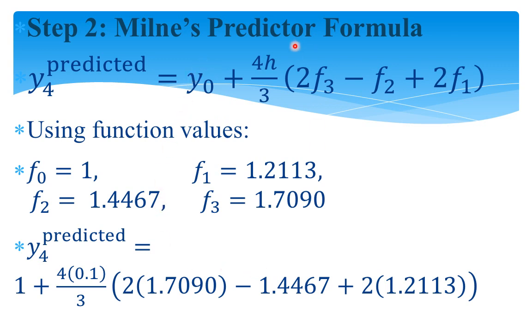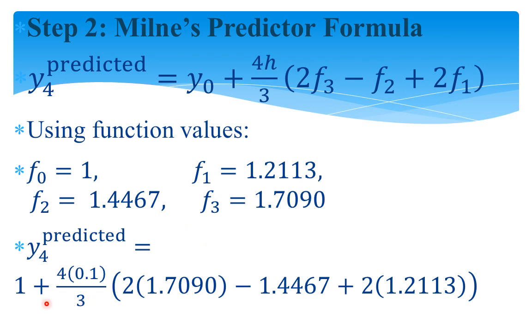Same process, the value in the formula is 2 and the value of f3 which we find, we put these values, then the minus sign is given, we write the same, f2 which we find, f2 equals 1.4467, same we put these values, plus 2 and f1. What is the value of f1 which we get?